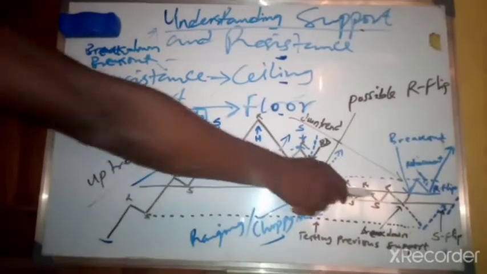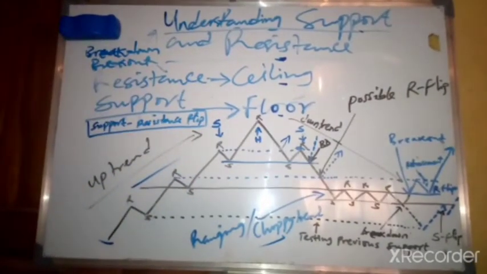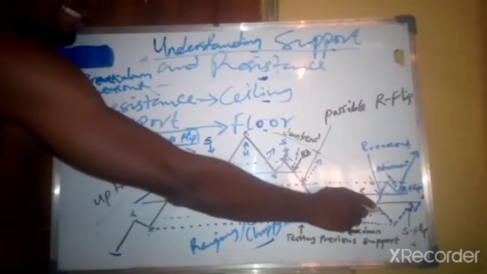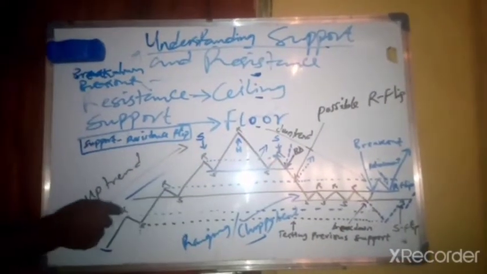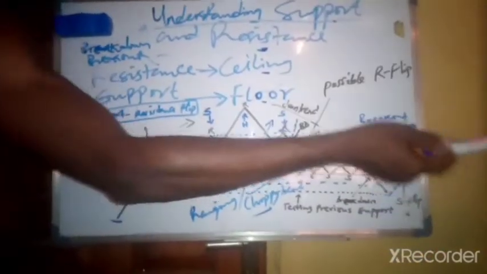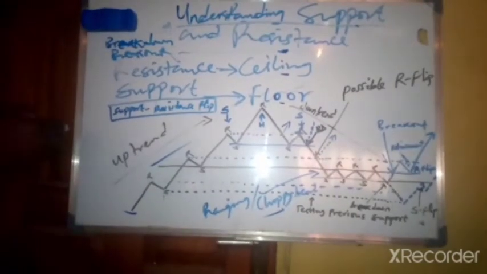Because if you are looking at this point, if there was a breakdown at this point, you wouldn't know that financial institutions will actually push the price down to either this resistance level, so this resistance will act as a new support, which is a resistance flip, or a further breakdown will happen to reach this support level before there will be a change in direction.